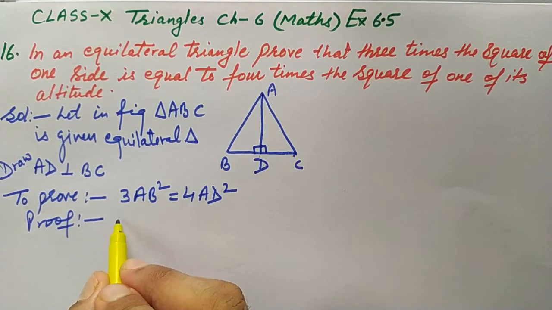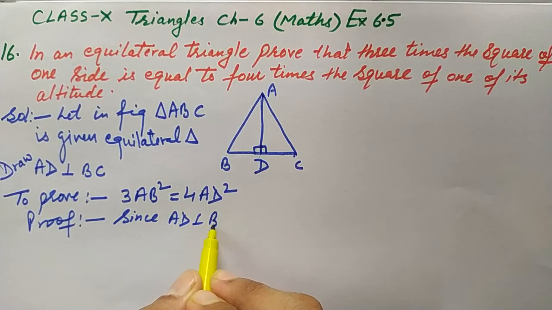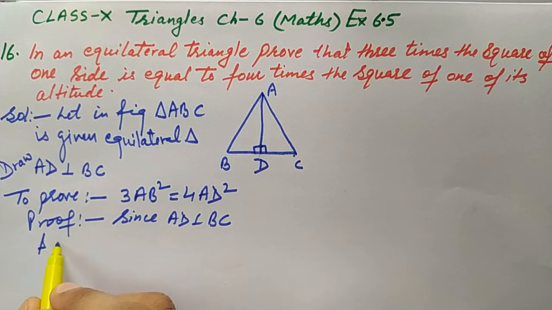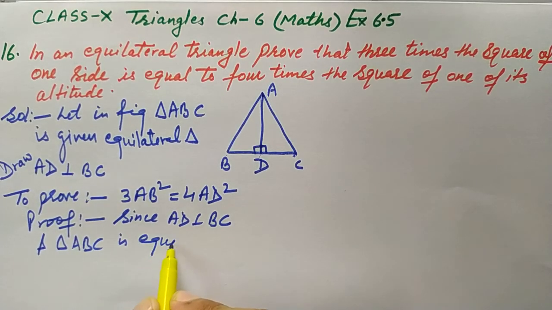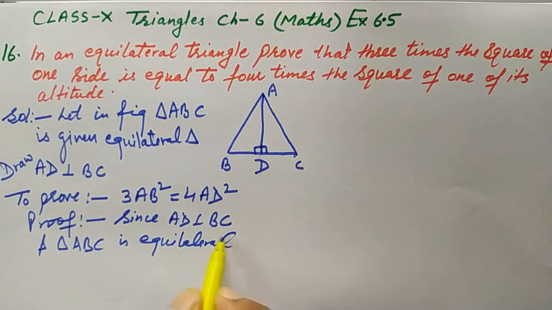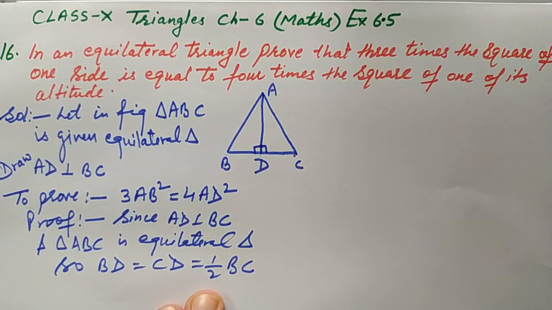So I write here, since AD is perpendicular to BC and triangle ABC is an equilateral triangle, we have BD is equal to CD, that too is equal to half of BC. So this thing we will use here.